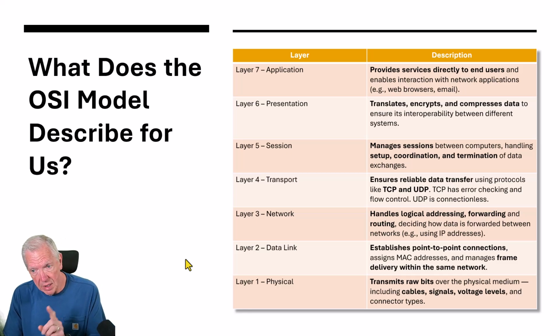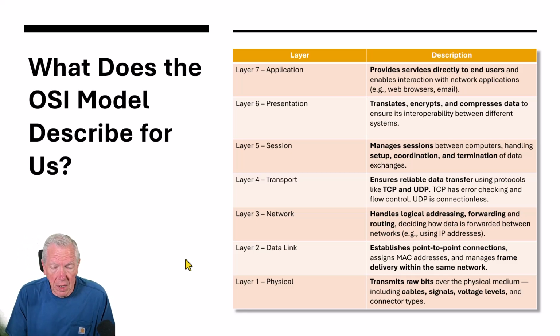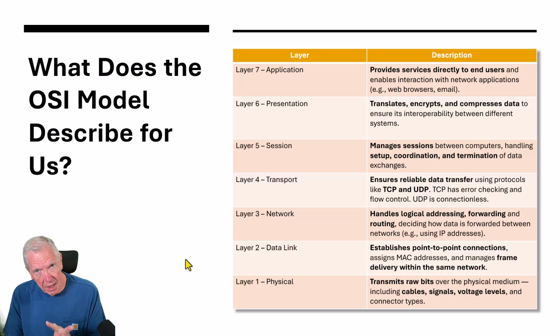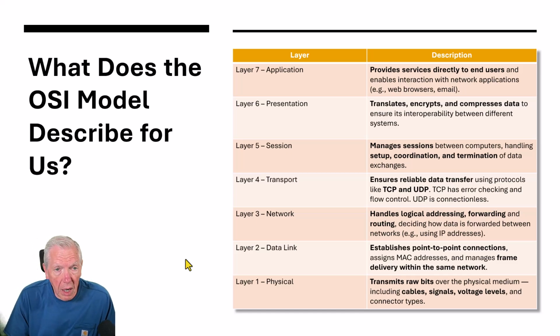It decides how data is forwarded between networks using IP addresses. And today there are two different flavors of IP addresses. There's IP version 4, which is the old way, and then there's IP version 6, which is the new way and a little bit more complicated way, and you have to know about them both.